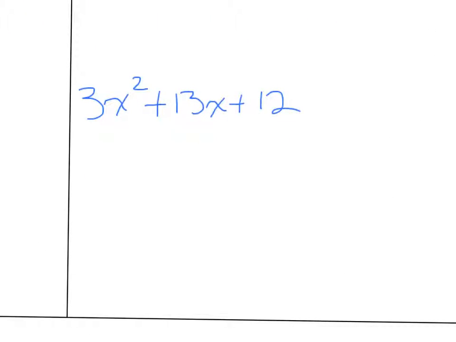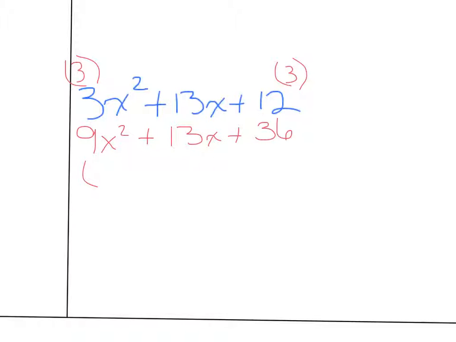If you're using the square root method, you multiply the first and last terms by the 3, which is the lead coefficient here. That gives you 9x squared plus 13x plus 36. And then you square root the first term. That'll be 3x times 3x. Bring your signs in, plus and plus. Factors of 36 that add to make 13. 9 and 4.